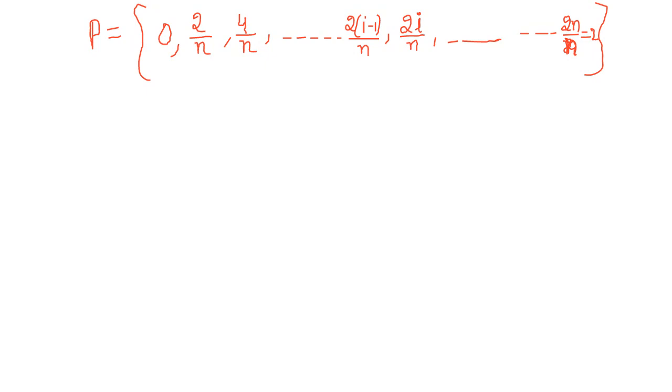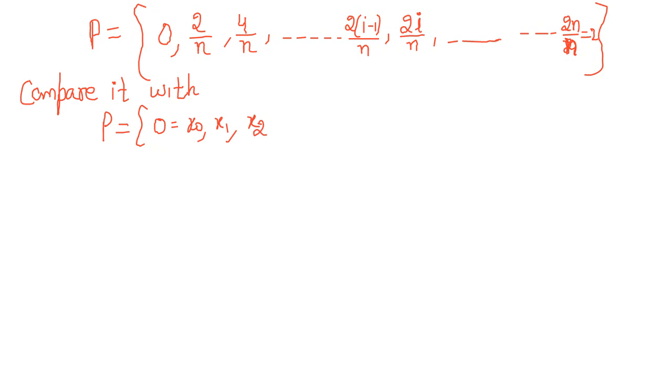Okay, fine. Now compare it with a very interesting thing. Compare it with P, that is 0 equal to x0, x1, x2, and so on, x(i minus 1), xi, and so on, xn equal to 2.